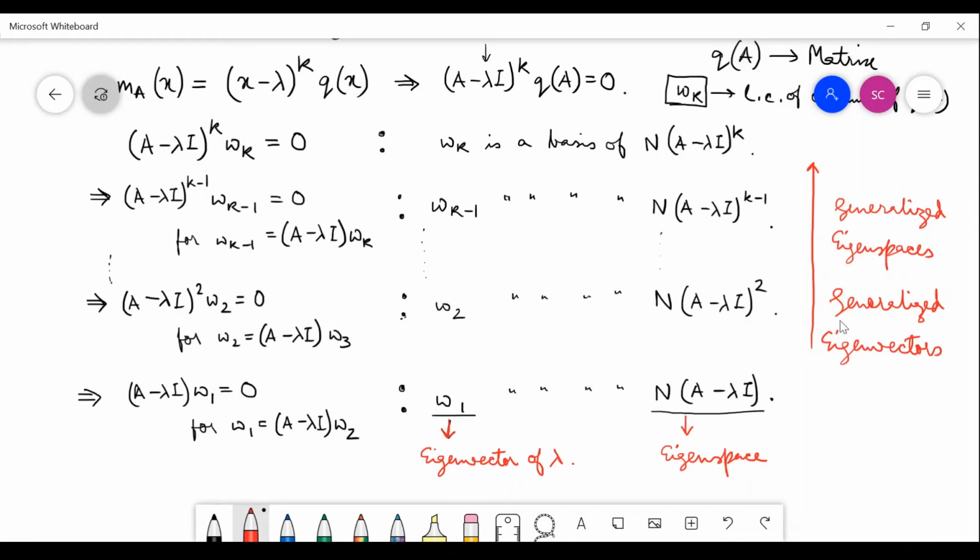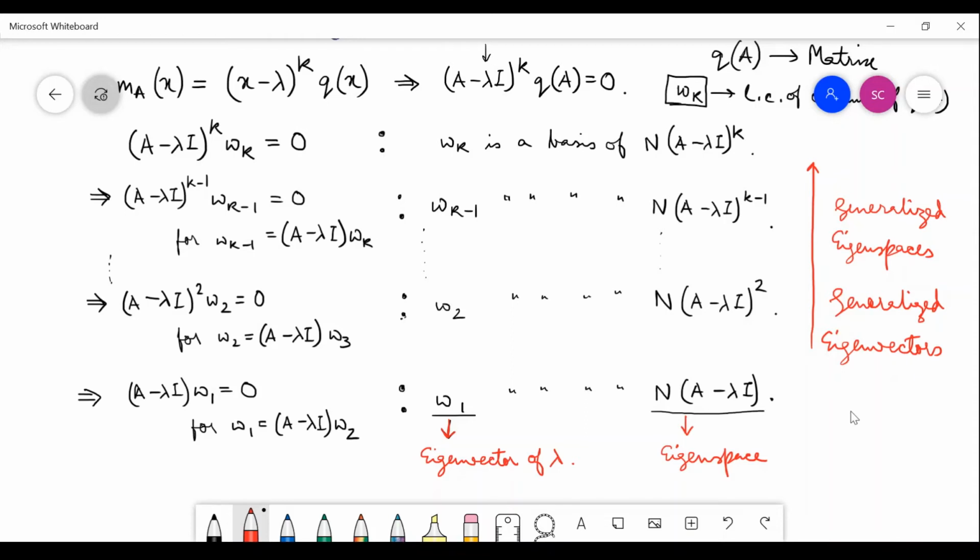And then my problem will be solved. I will be able to use this set of independent vectors, which I am now calling generalized eigenvectors, to form the modal matrix, with which I will be able to come to the Jordan canonical form.